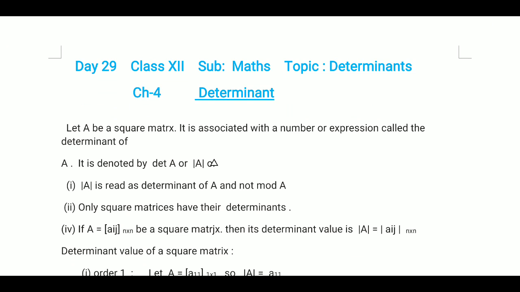Determinant A is read as determinant of A, not mod of A. You must remember this. It is determinant A, not mod of A.